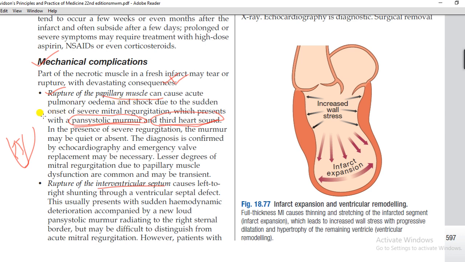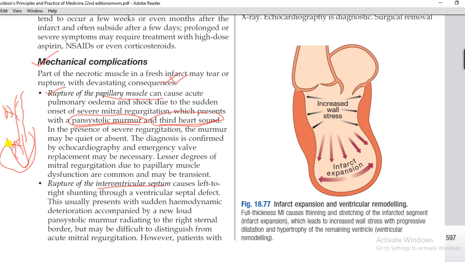There might be accumulation of blood in this area, from the right ventricle to the lungs. Suppose this is the lungs. There is this pulmonary artery that connects the heart to the lungs. Whenever there is accumulation of blood right here, pulmonary edema occurs.